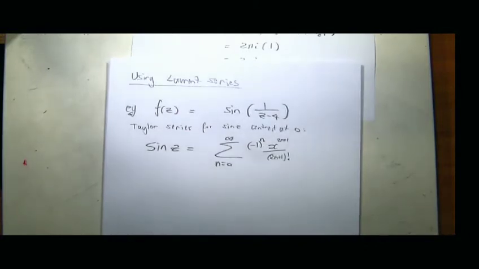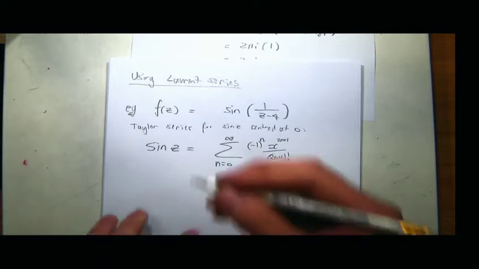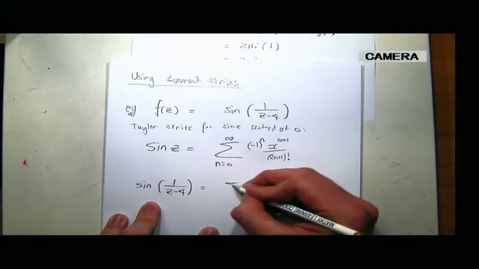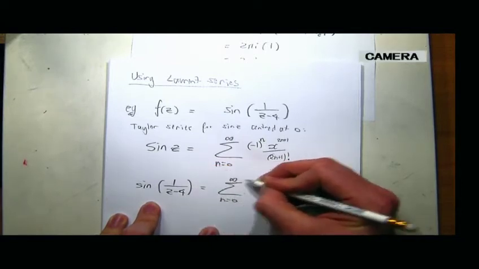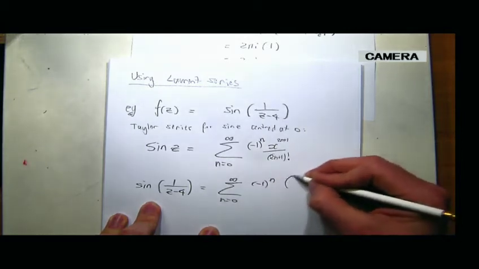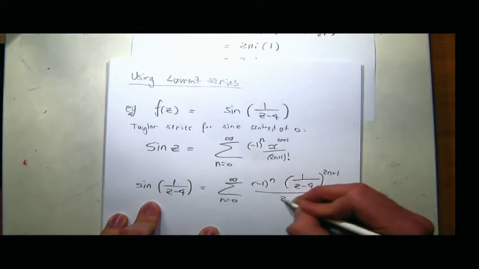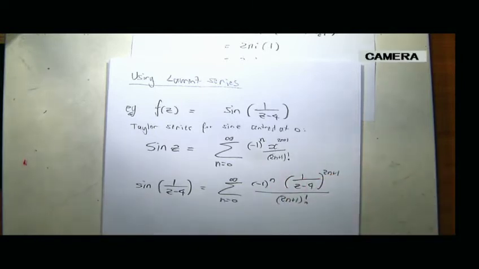And then I just sub in 1 over z minus 4. It's awesome. That'll totally work at every z other than 4, because Taylor series just work that way. You sub in whatever you want, and it'll still work. And then I just do some algebra, and I'll get something pretty nice.